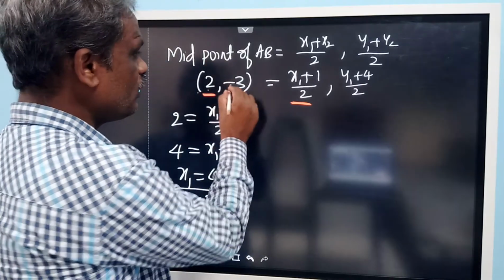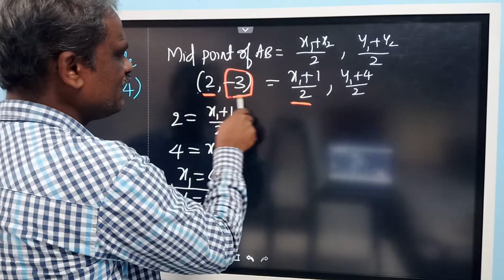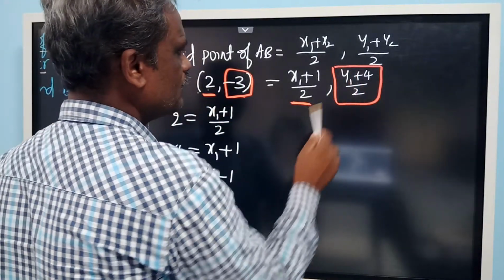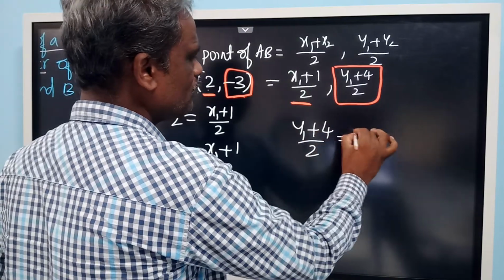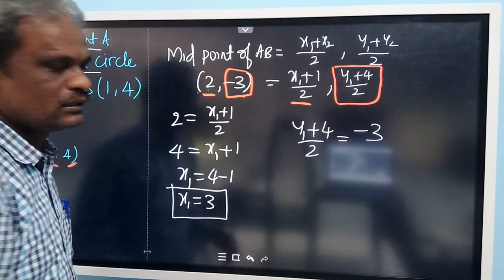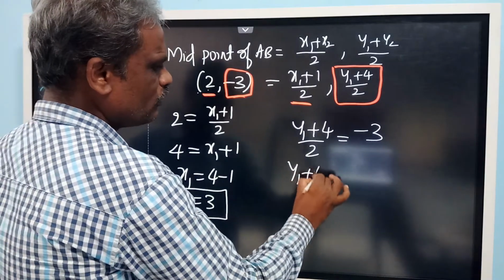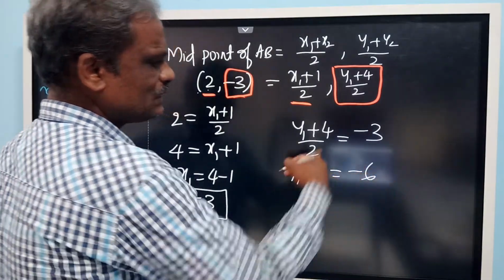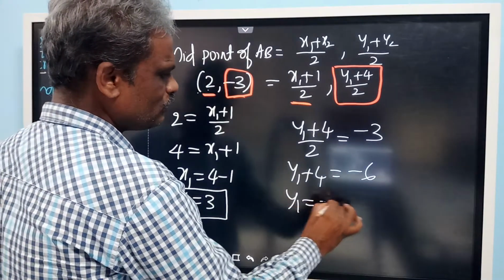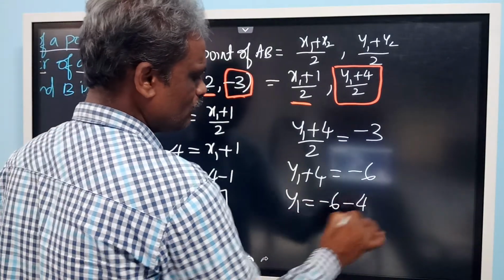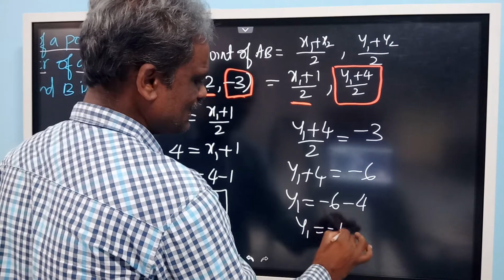Equate the second coordinate. This -3 must be equal to this one. So (y1 plus 4) by 2 must be equal to -3. Now y1 plus 4 is equal to -6, cross multiplication. y1 is equal to -6 minus 4, y1 is equal to -10.